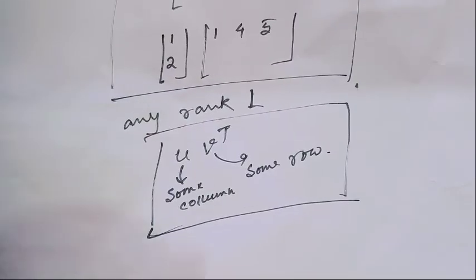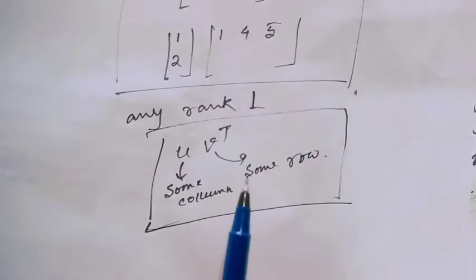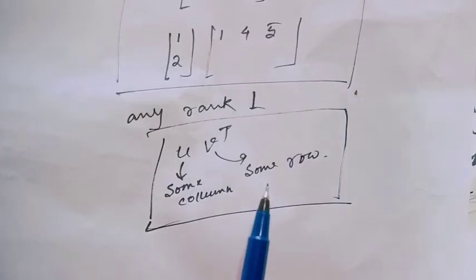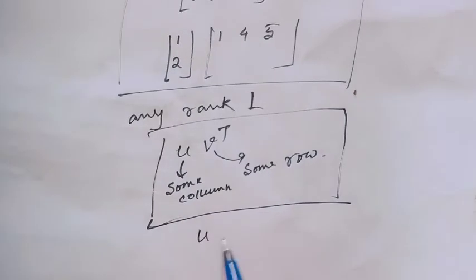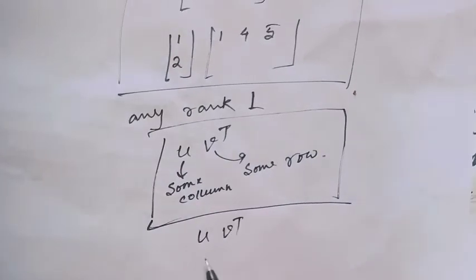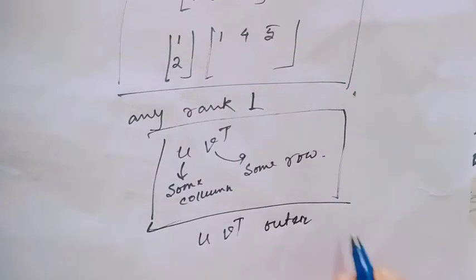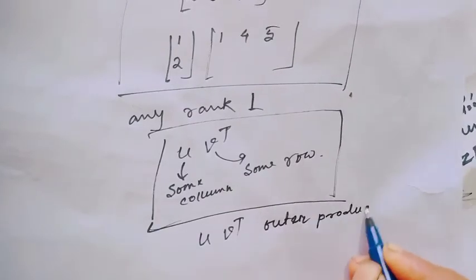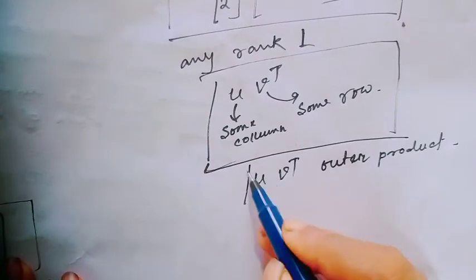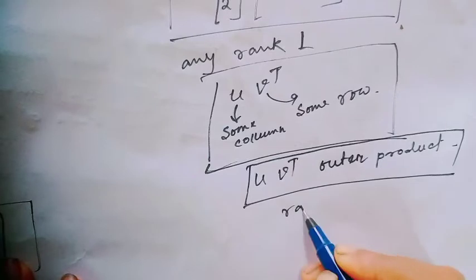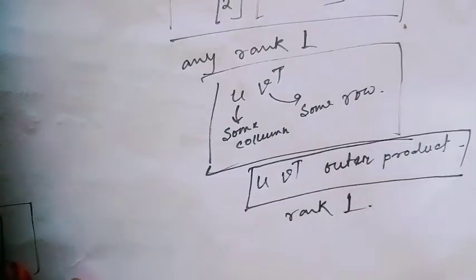Are you getting it? Therefore, I will get any rank 1 matrix by this notation, u v transpose, where u is some column and v transpose is some row. And this is actually the outer product. Any matrix which looks like u v transpose is actually a rank 1 matrix.